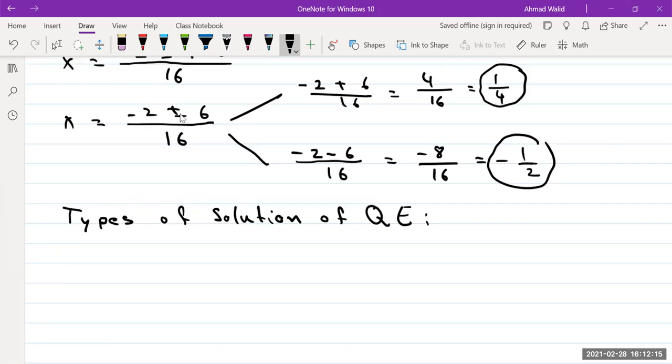Sometimes, when you solve a quadratic equation, you end up with 1 solution, or you end up with 2 solutions which are both the same. Sometimes when you solve a quadratic equation, you end up with 2 imaginary, or I can say 2 complex number solutions.